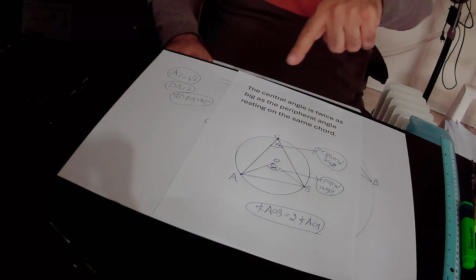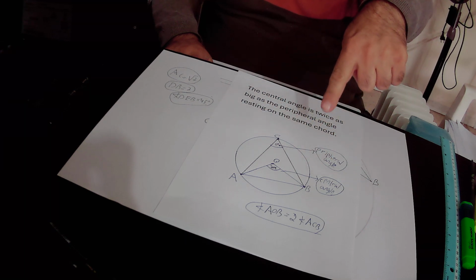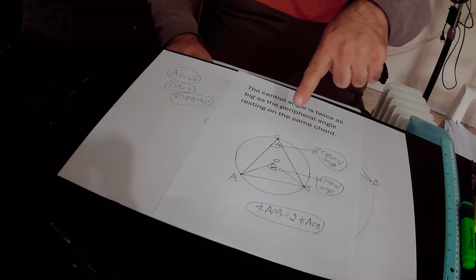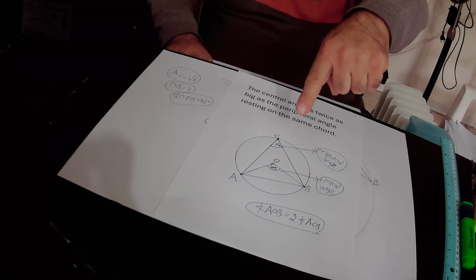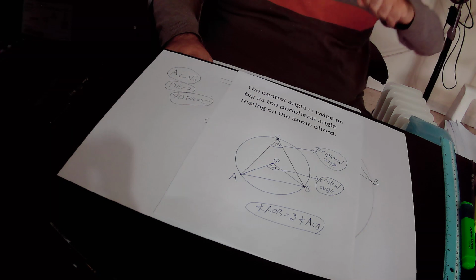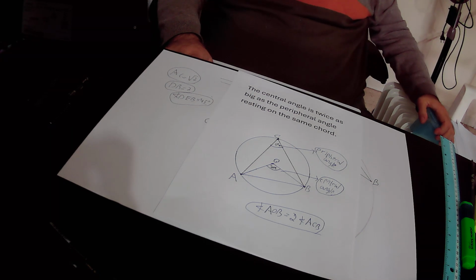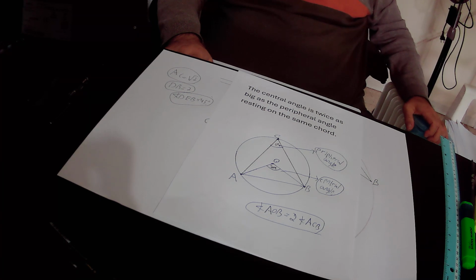Therefore, the central angle AOB that rests on the same chord AB must be twice the peripheral angle. That is to say, it must be equal to 2 alpha. Okay, so always the central angle is twice as big as the peripheral angle that rests on the same chord.